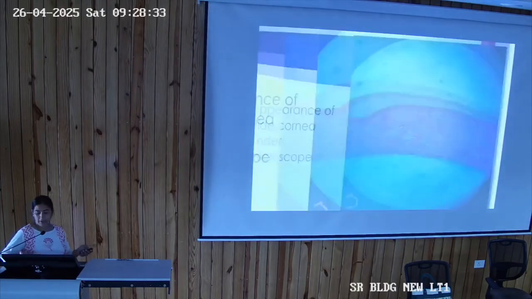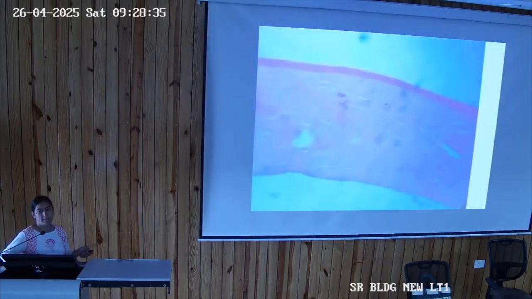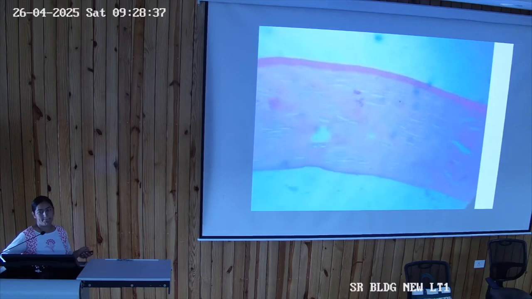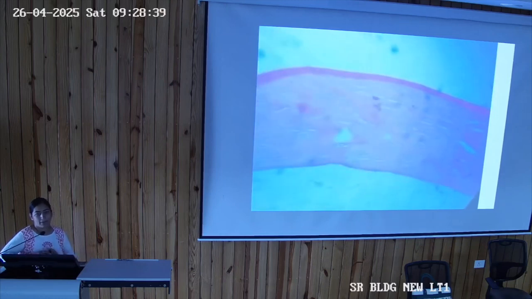So here, can you identify the layers? Yes, no? Can we identify corneal layers in this picture?